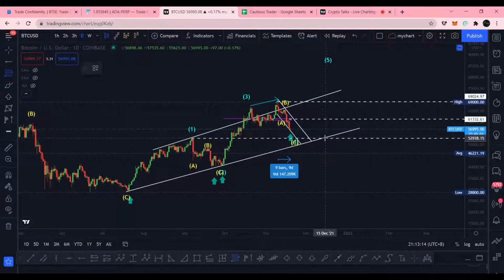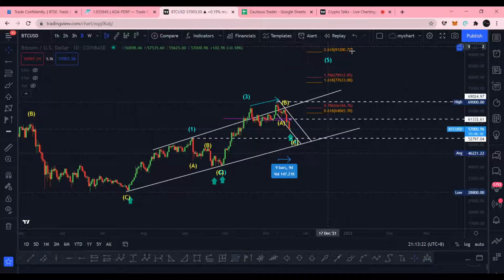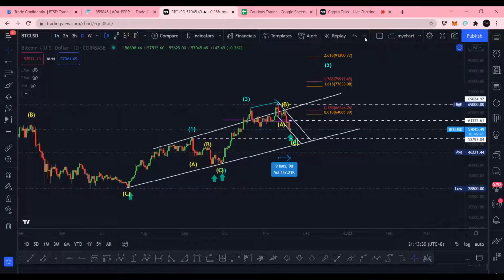I'll just copy that and extend it to the highest price. That's why I'm expecting it between this 1.618 to 2.618 as the final wave.